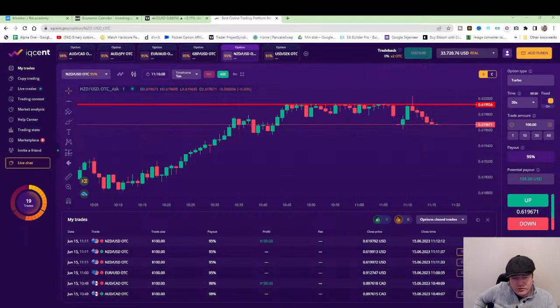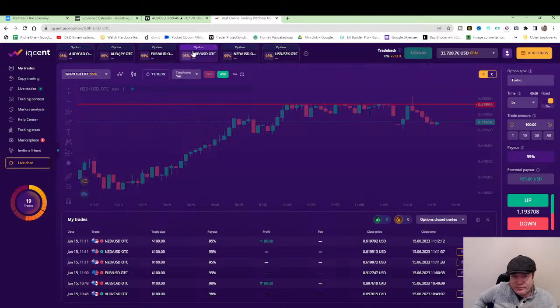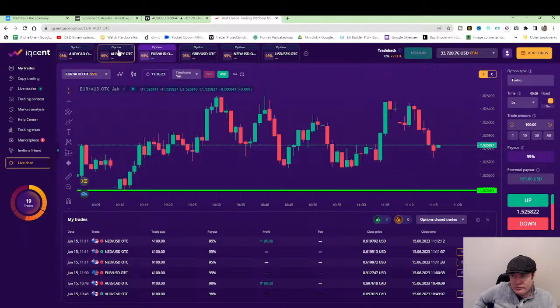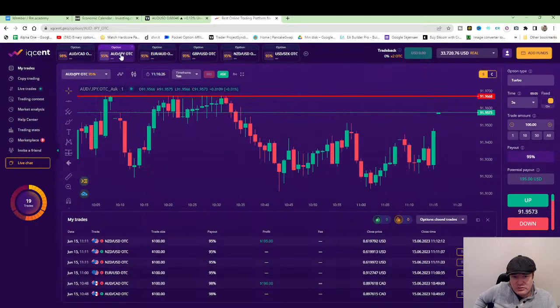So yes, it's just a small $89 profit. That is pathetic. But let's see if we can get some of the other ones here to start coming to the trading zone. Now we are getting close here.